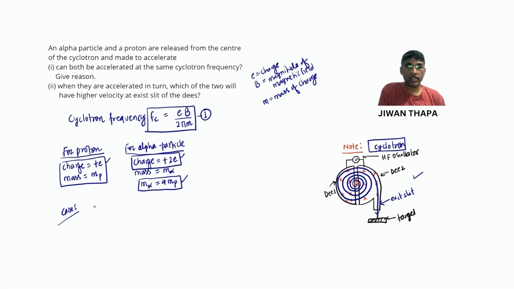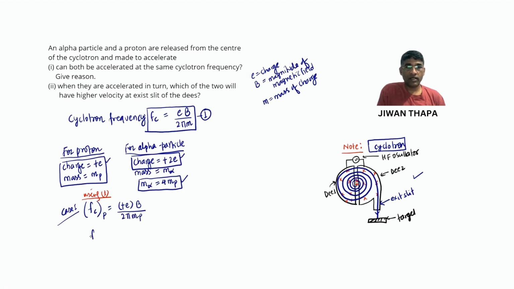Cyclotron frequency for the proton, using equation 1: the charge on the proton is plus e, and the magnetic field is B, divided by 2π, and the mass of the proton is mp.